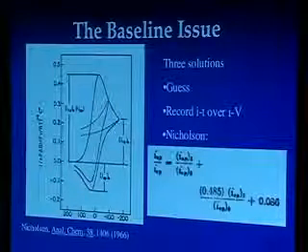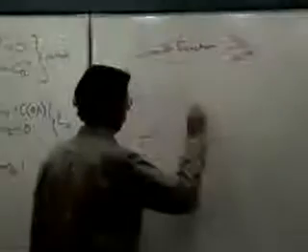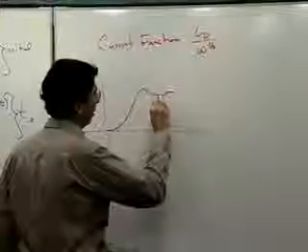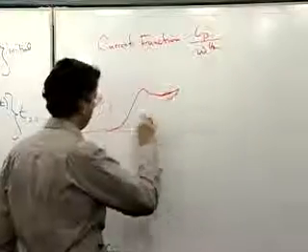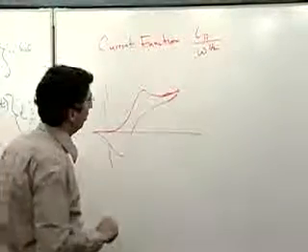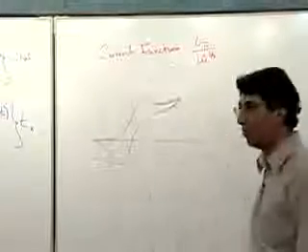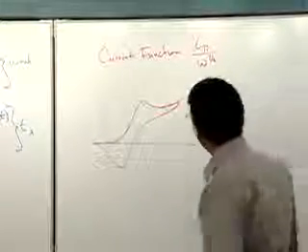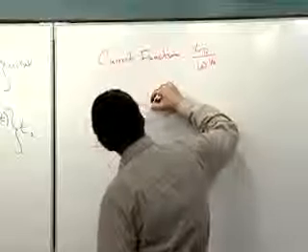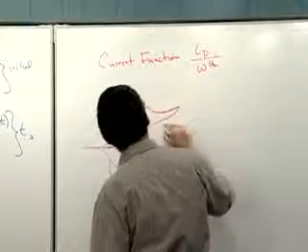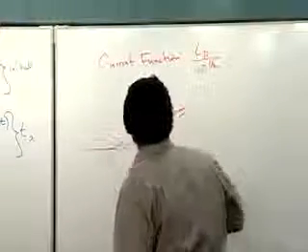That is, what if your cyclic voltammogram looks more like this? That's ignoring my little artwork there. That's not too unusual. You're not getting this nice thing down here that allows you to do that. So what do we do?